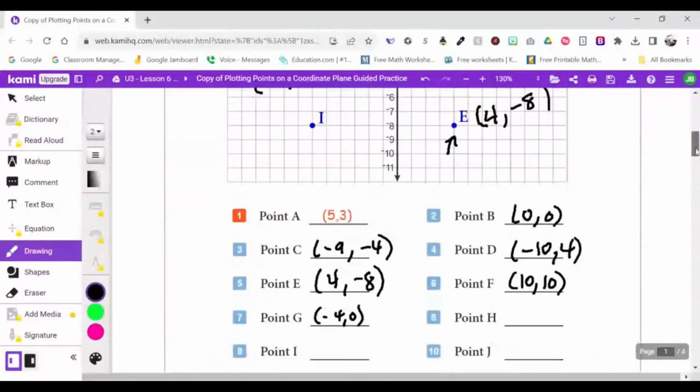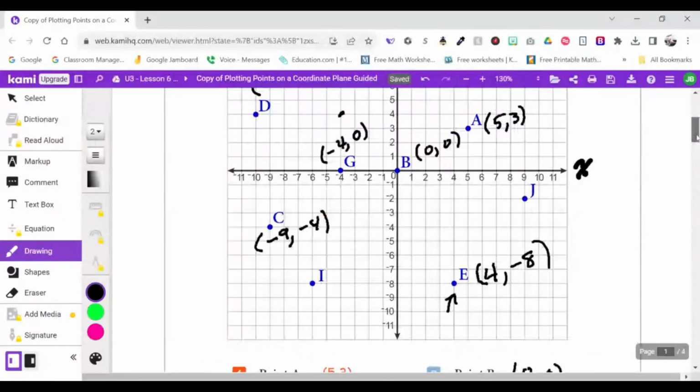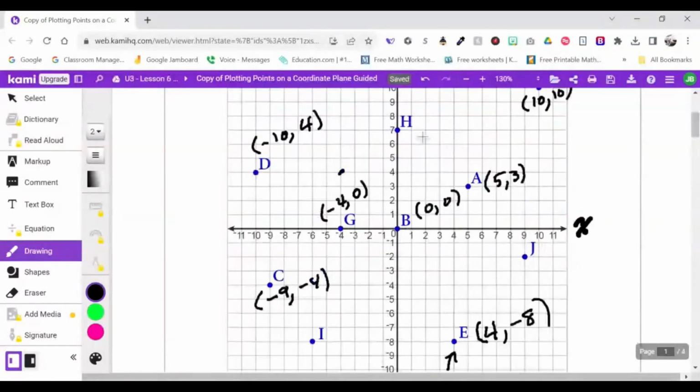All right, let's see, H. What are the coordinates of H?